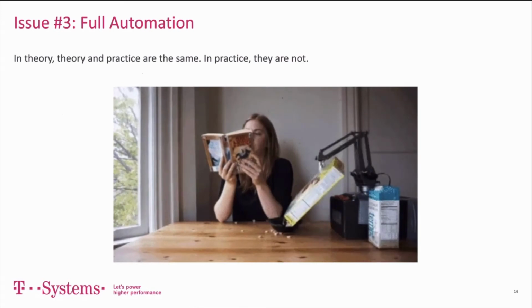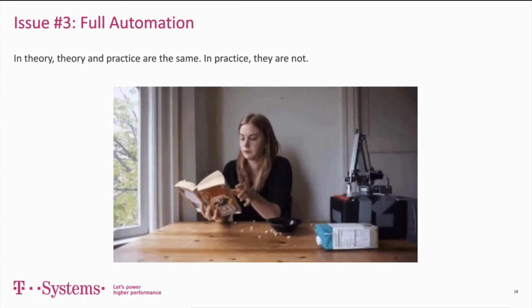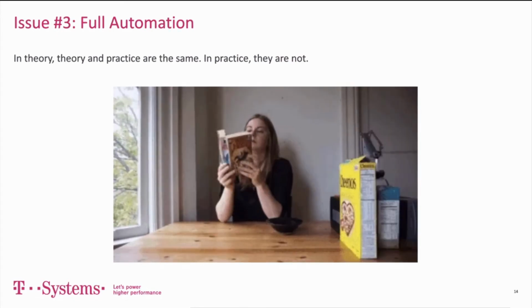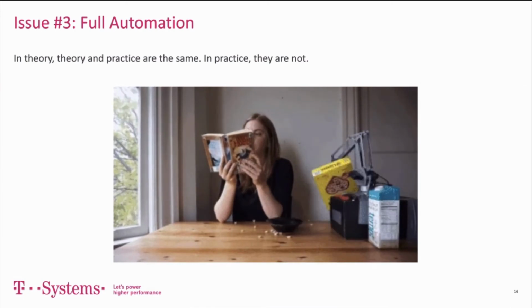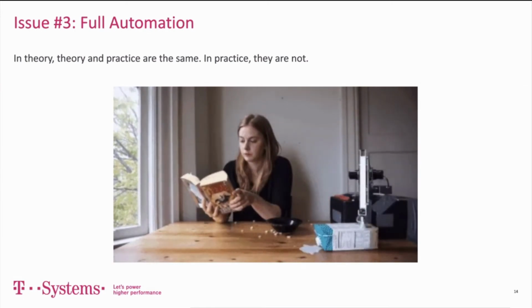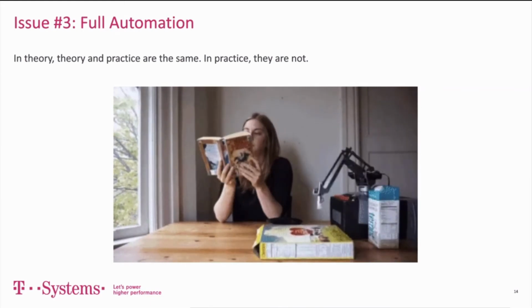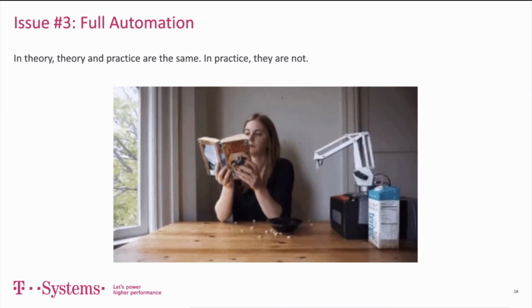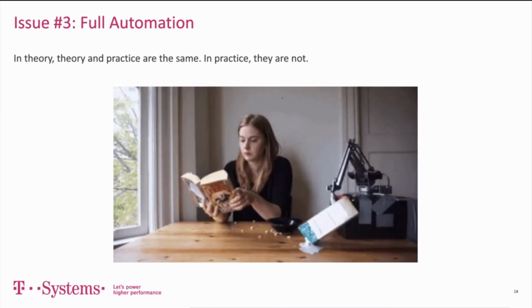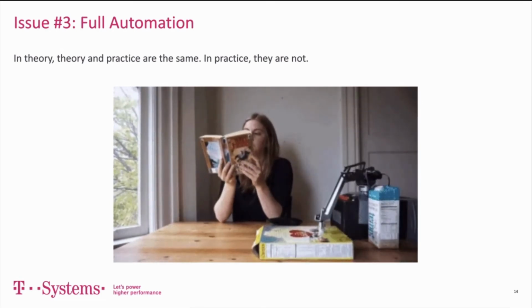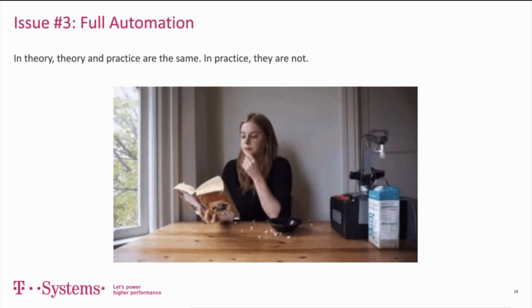And issue number 3, I think, is full automation. There is a famous citation: in theory, theory and practice are the same. In practice, they are not. So basically, all these GitOps tools look very fancy, and if you read their documentation, everything is great, everything fulfills your needs.